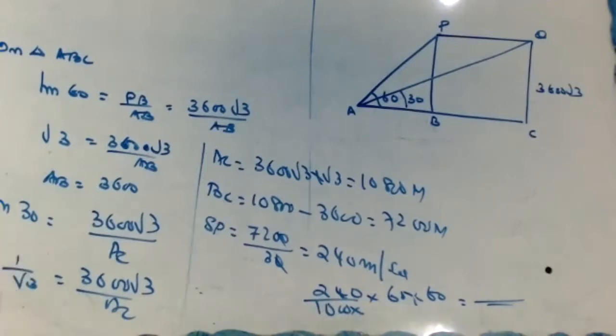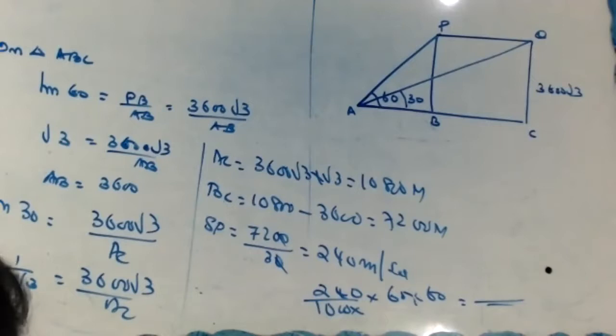Okay? Next line. The angle of elevation of the bird from a point on the ground is 45 degrees.